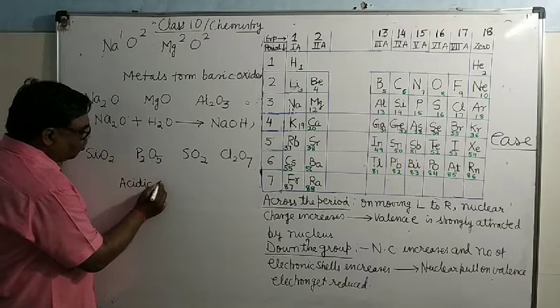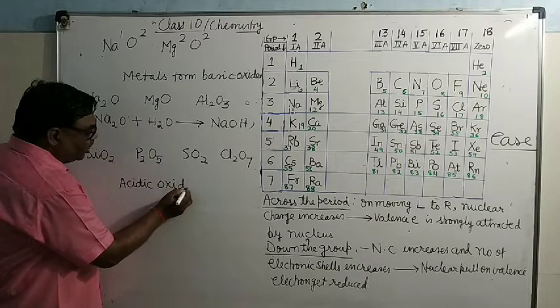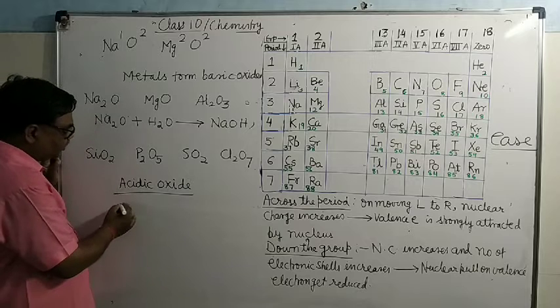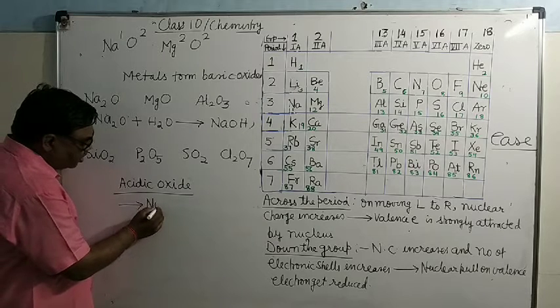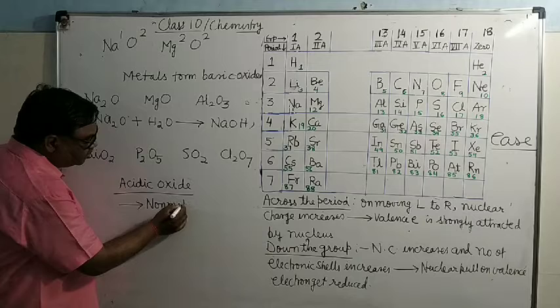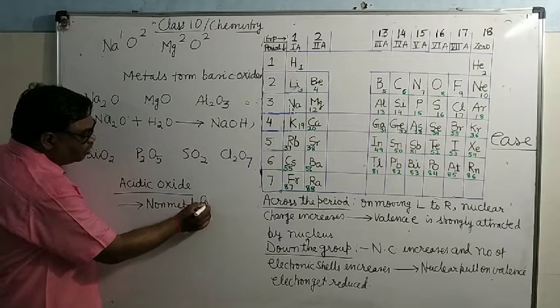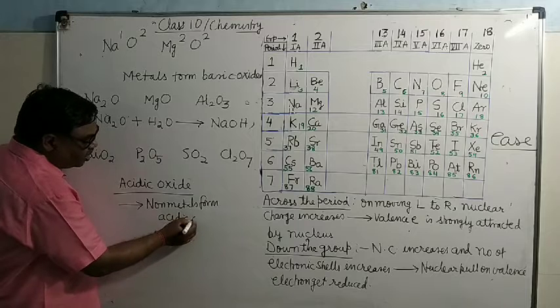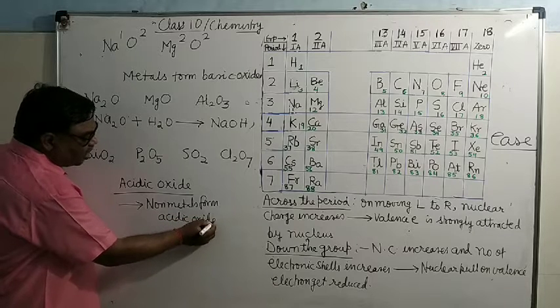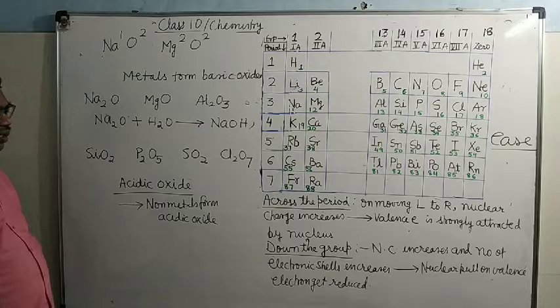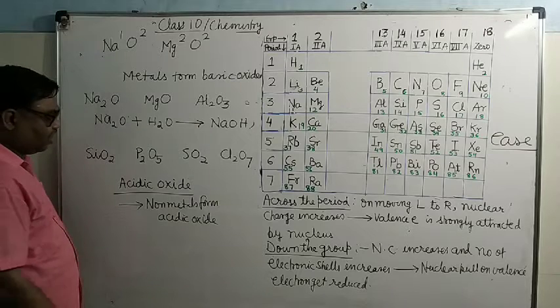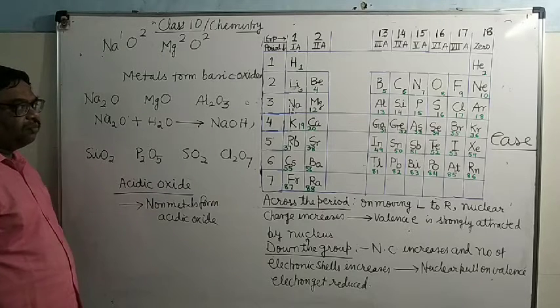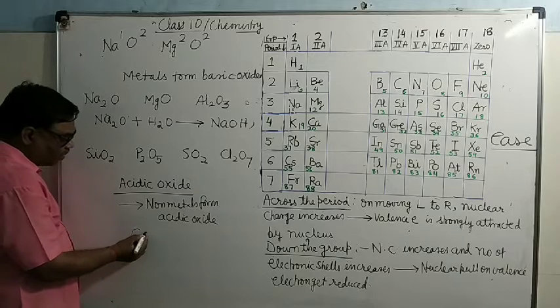Acidic oxides. What are acidic oxides? Non-metals form acidic oxides. And when these acidic oxides are dissolved into water, they produce the acid. For example, carbon is a non-metal. Its oxide is carbon dioxide.